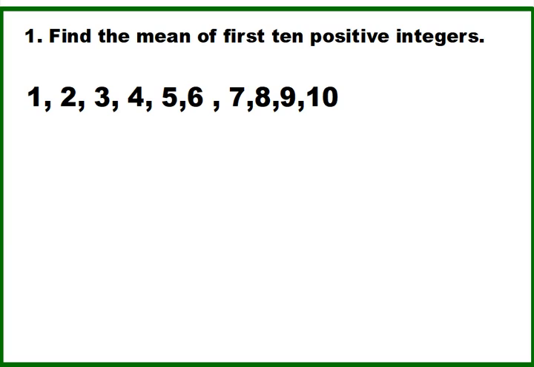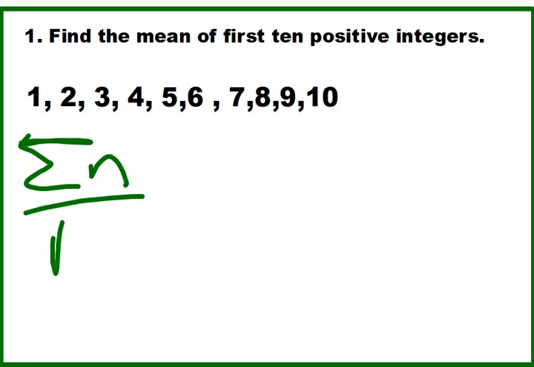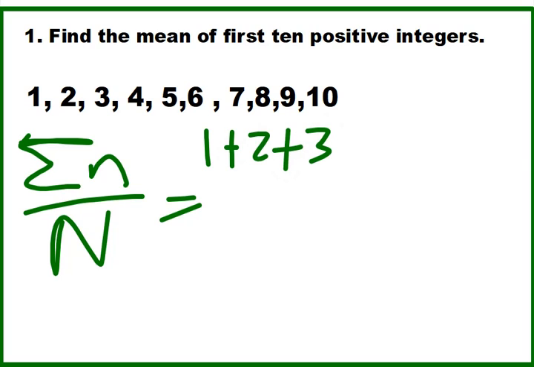If you recall from my previous videos, I introduced the formula sigma n over big N. So if we use this to calculate the mean for this given data set, it's 1 plus 2 plus 3 onwards to 9 plus 10.